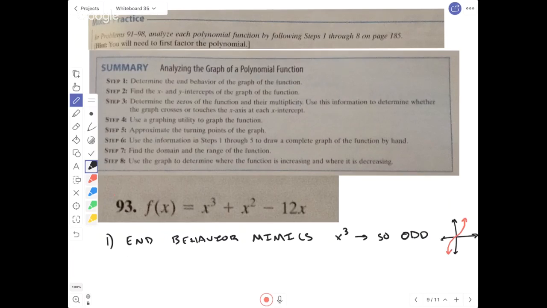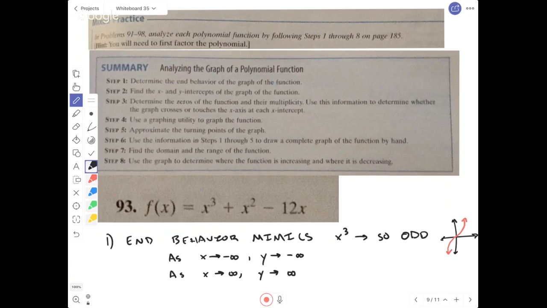Cool. And the end behavior will be explicitly as x goes to negative infinity, y goes to negative infinity with it. And as x goes to positive infinity, y goes to positive infinity with it. Okay.